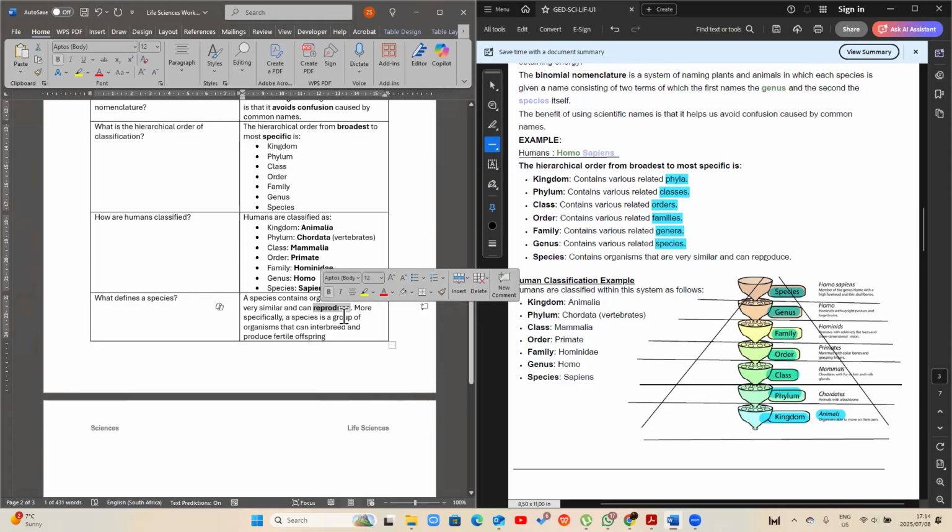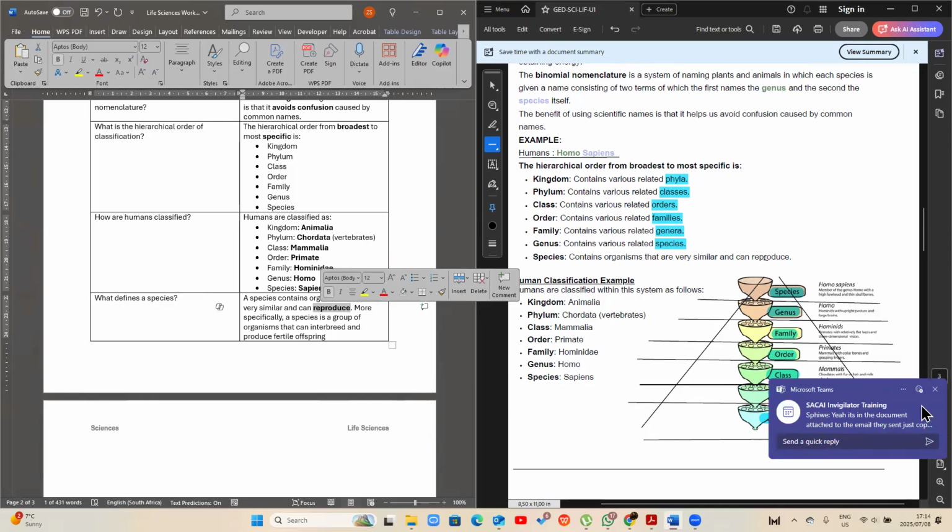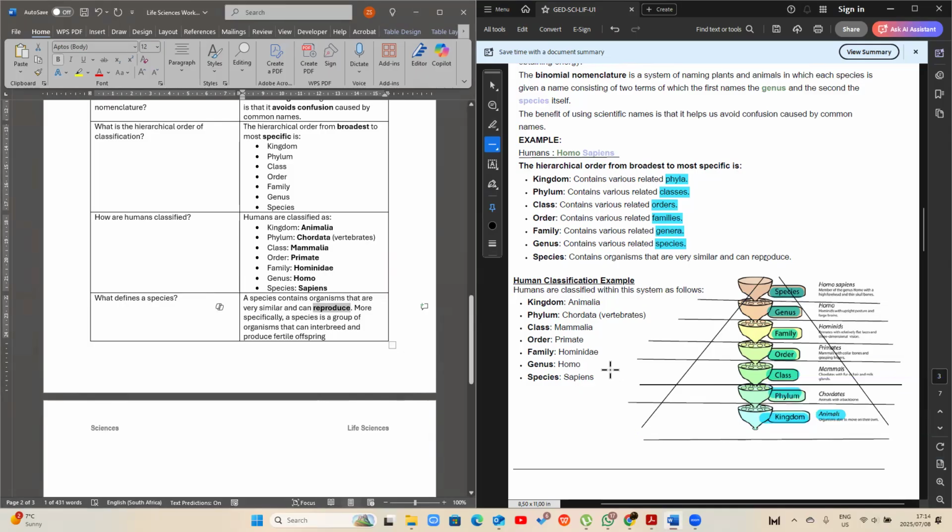That is the whole point of the life cycle, so that your species are able to reproduce and continue their existence. If a species is unable to reproduce, they go extinct. So therefore, species need to be able to have the same cell types, the same amount of cells, in order to reproduce with each other. And that's just what we call interbreeding.